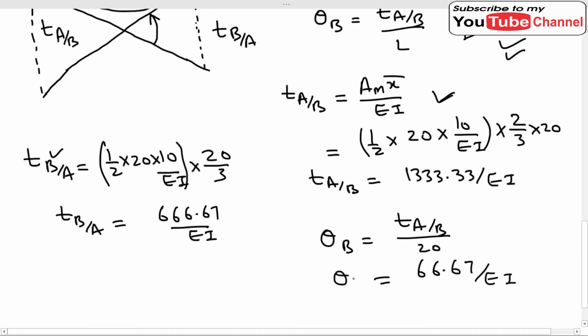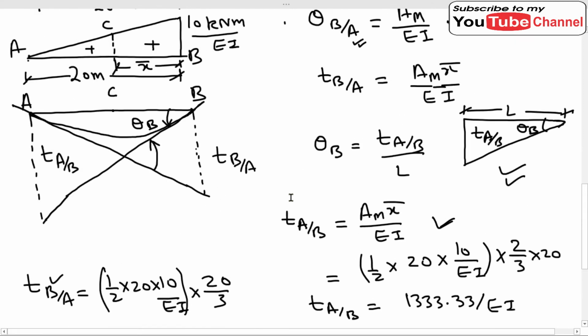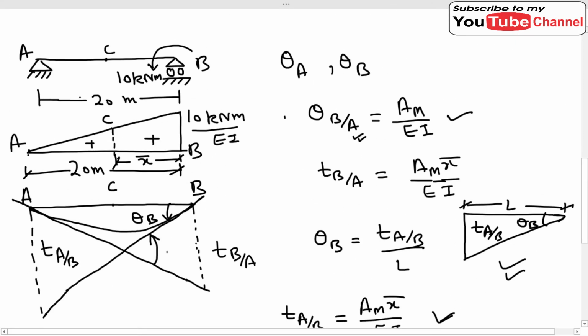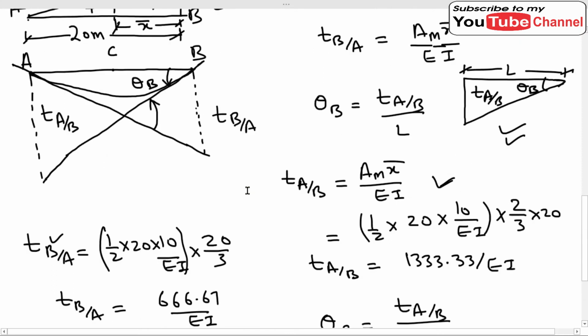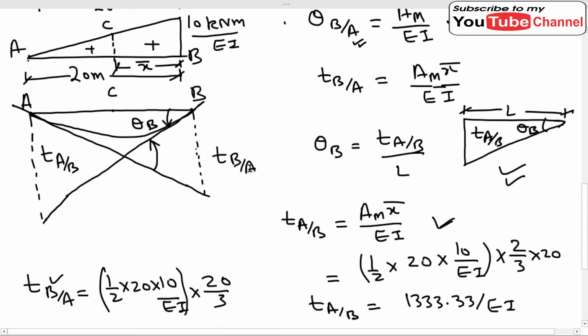This is the value of theta B, and the value of theta A will be TB over A divided by 20, the length of the beam. So it will be equal to 66.67 by 20, which is 3.33 upon EI. Now, if you want to check whether this theta B over A is positive or negative, you can just calculate the difference of these two, and you will see that this value will be positive, as we have considered in our sign convention.